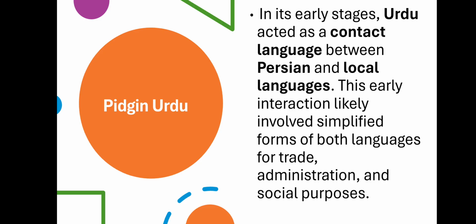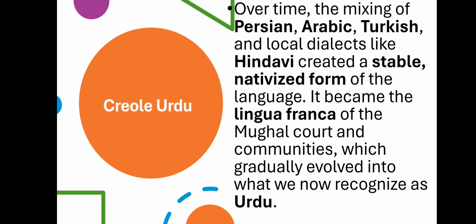So Urdu was initially a Pidgin language, and it was used between the people of the Indian subcontinent and the people of Persia for the purpose of administration, social interactions, and trade. And from here, they developed a Pidgin language.